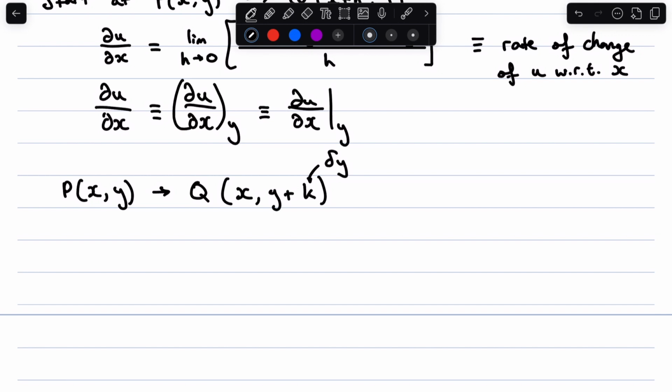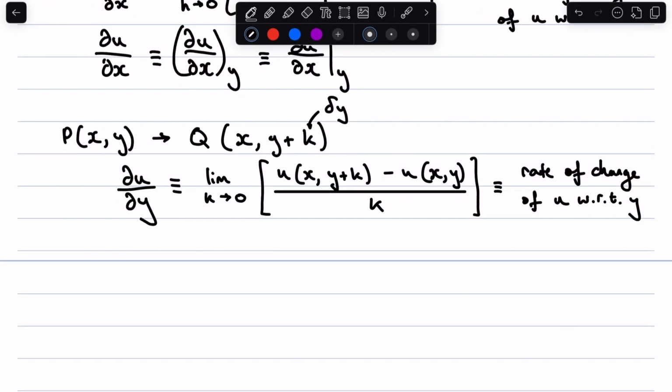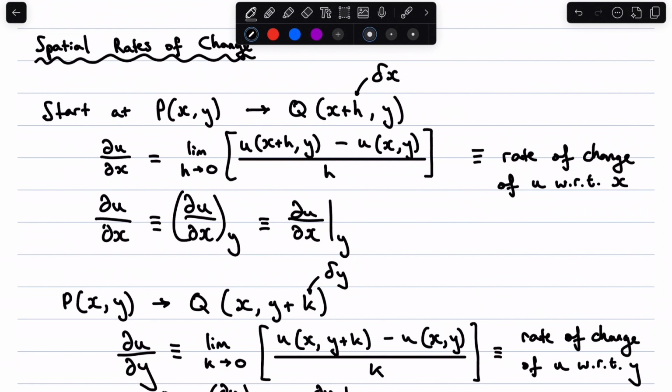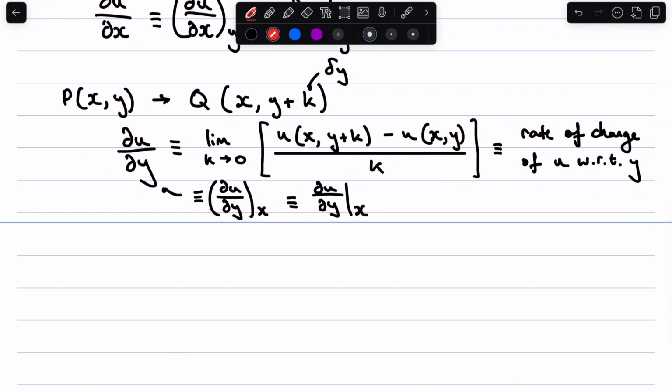And this will give us a similar expression. And again, we can have other notations, so this is also equal to du by dy at constant x. So in each case, we're either keeping y constant, and we get our partial derivative with respect to x, or we're keeping x constant, and we're getting our partial derivative with respect to y.